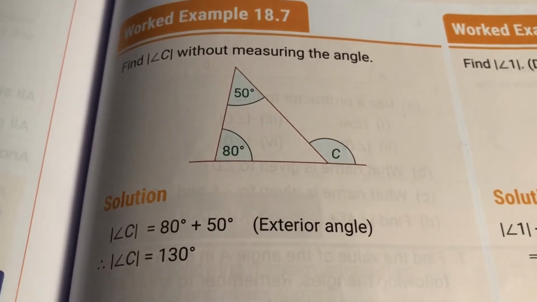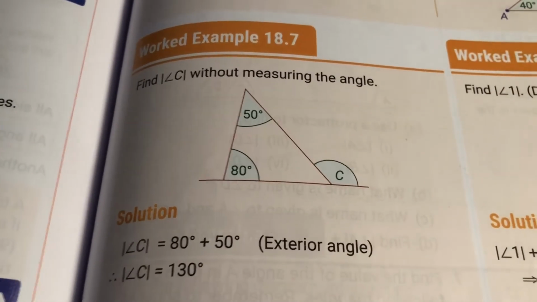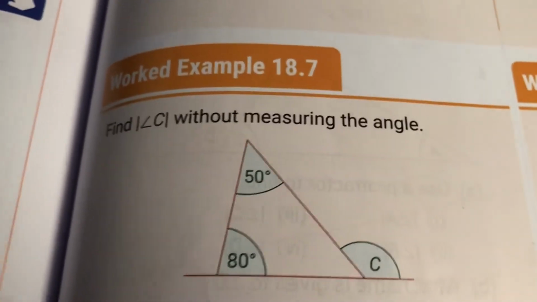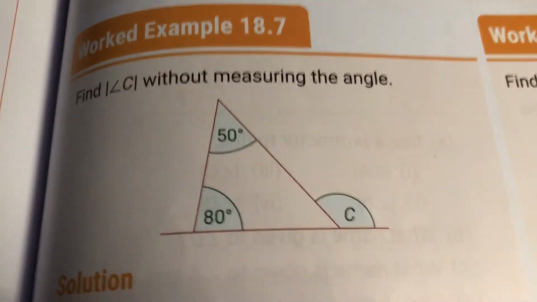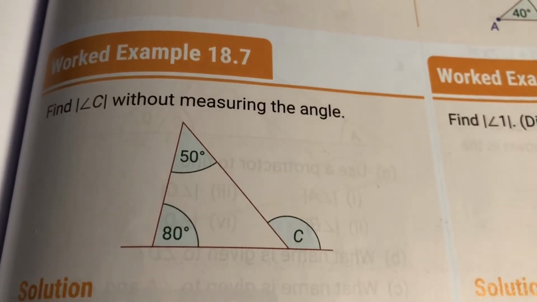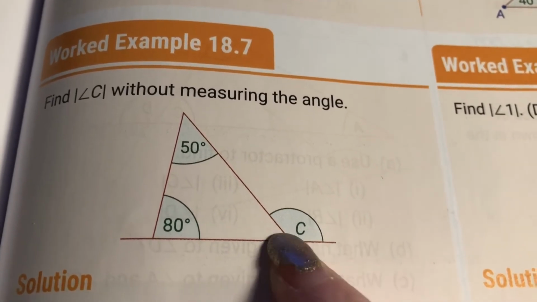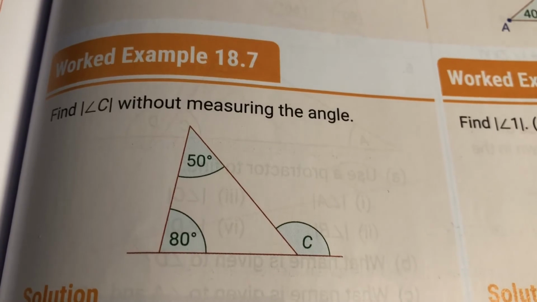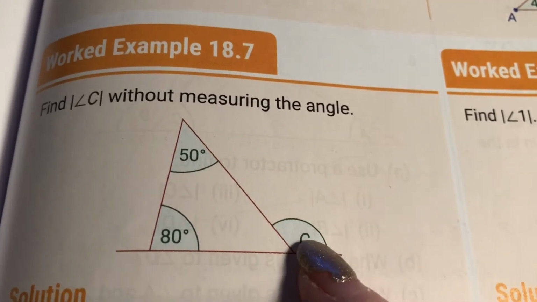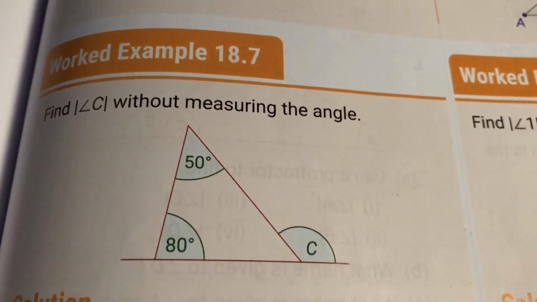Okay, last example. So worked example 18.7, still on page 297. So find angle C without measuring. Now, we can clearly see that this is an exterior angle. The fact that this side has continued on past its vertex there. And we know from Theorem 6 that exterior angles are equal to the sum of the opposite interior angles.